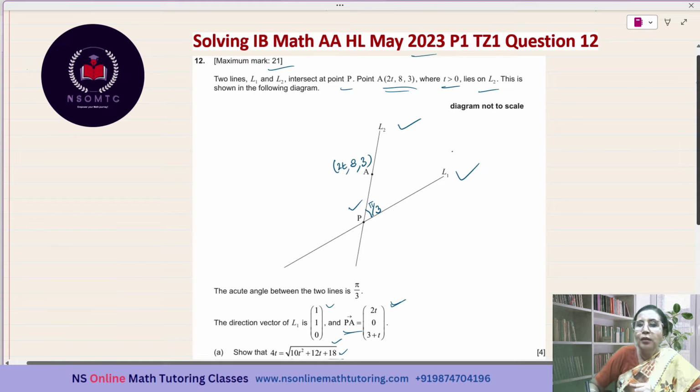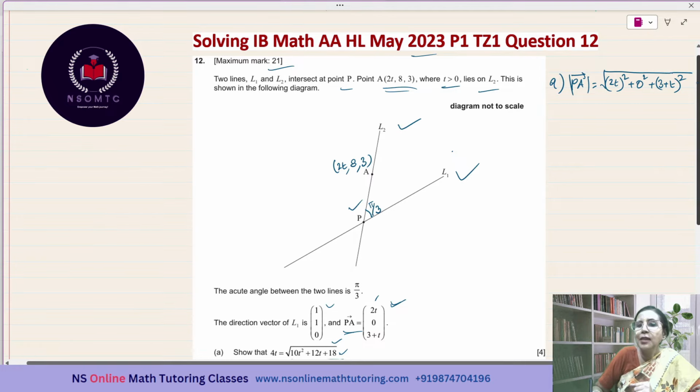So it is subpart A, the magnitude of the PA vector. This should be equal to the square root of 2t whole square plus 0 square plus 3 plus t whole square.